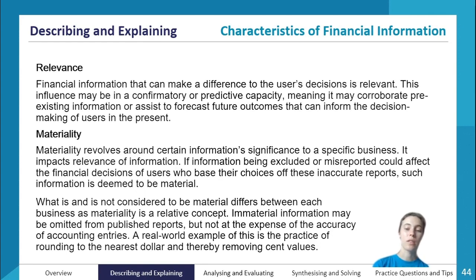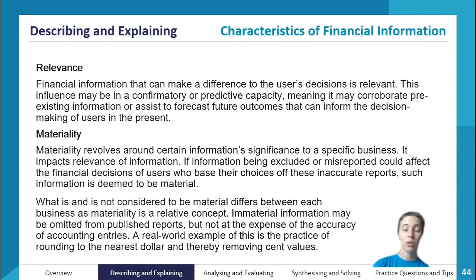So if it's significant to those people who use the information, then it's material. What is or is not considered to be material is going to differ between each business because it's a relative concept. It's not just standard for every business.